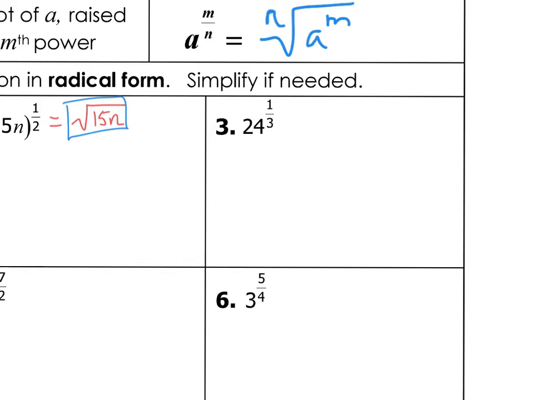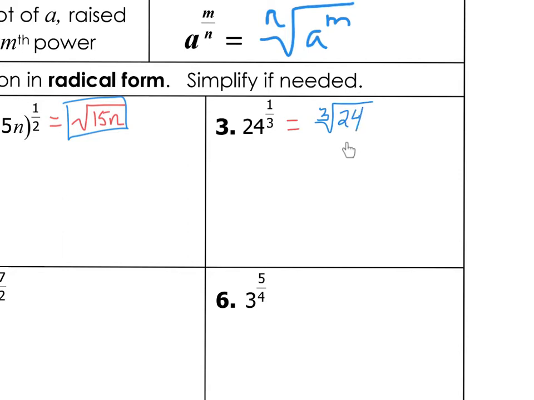Sometimes I'll convert it into radical form first, sometimes I'll change the base into exponential form and raise it to this. Let's just convert to radical form right now. So I'm going to cover up that index, and I'm going to have 24 to the first underneath my radical. So I've got the cube root, because that's the denominator of that fractional exponent, of 24 to the first power.